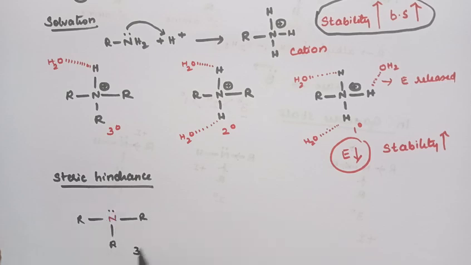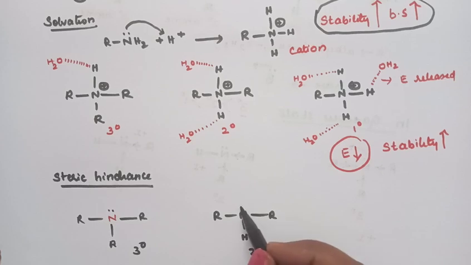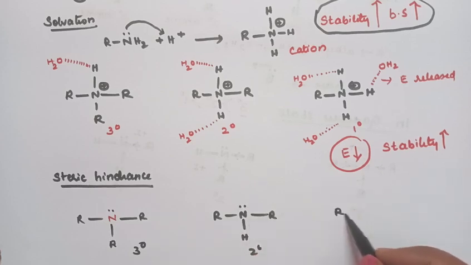This is tertiary amine. Take secondary amine: R, nitrogen, R, hydrogen. This is secondary amine. Primary amine is R, N, H and H. So this is primary amine. The lone pair of electrons will be present.